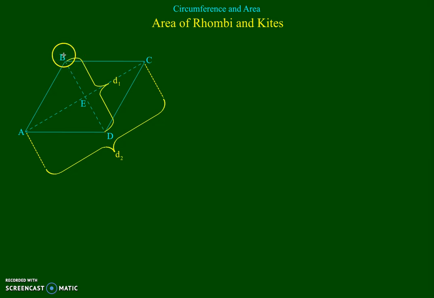If I want to find the area of this entire rhombus, you know from our study of rhombi that all 4 of these triangles are going to be congruent triangles. So that means if I find the area of one of these triangles and multiply it by 2, I would have the area of the rhombus.